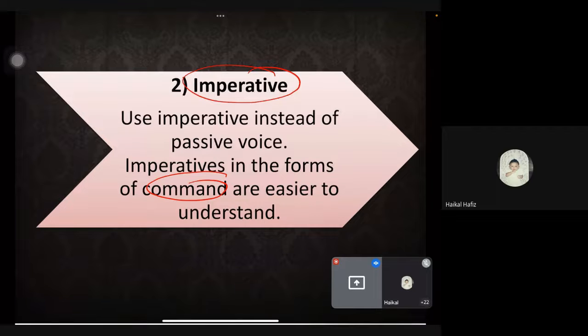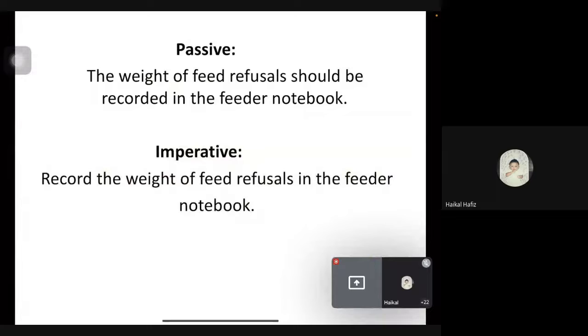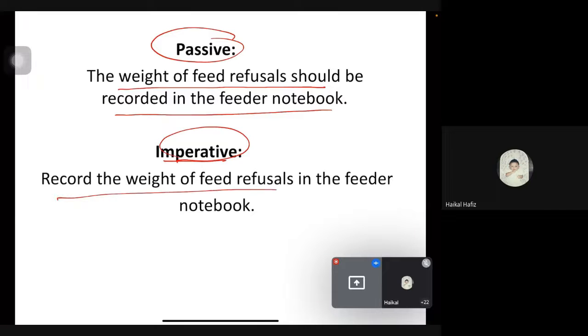So we are going to have a look at the example over here. This is in the passive form: the weight of feed refusals should be recorded in the feeder notebook. In imperative form: record the weight of feed refusals in the feeder notebook. So record here falls under action verb.